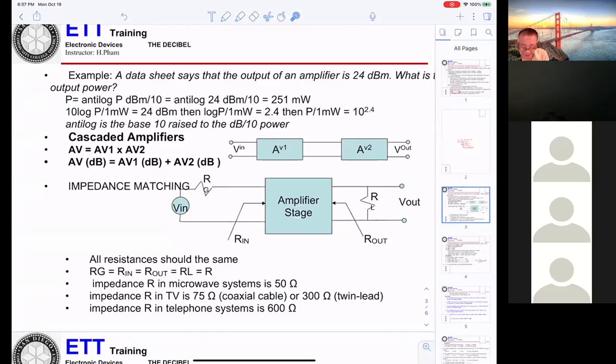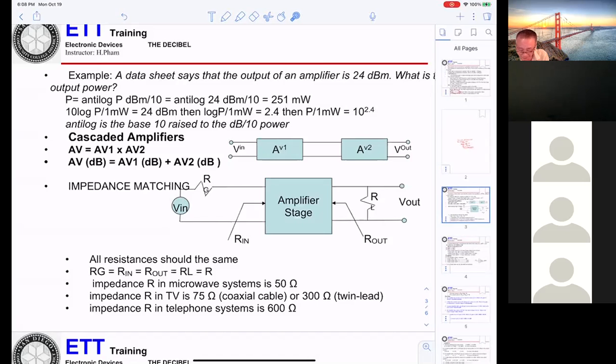And next, they're talking about impedance matching. Last time we already told you, looking into the amplifier you get the input resistance, R in. Looking at the output of the amplifier, you get the resistance R out. So basically, R in, R out, and R load have to be the same, or matching.